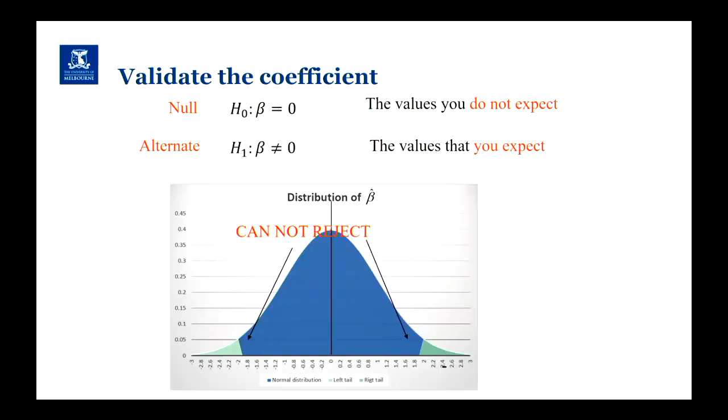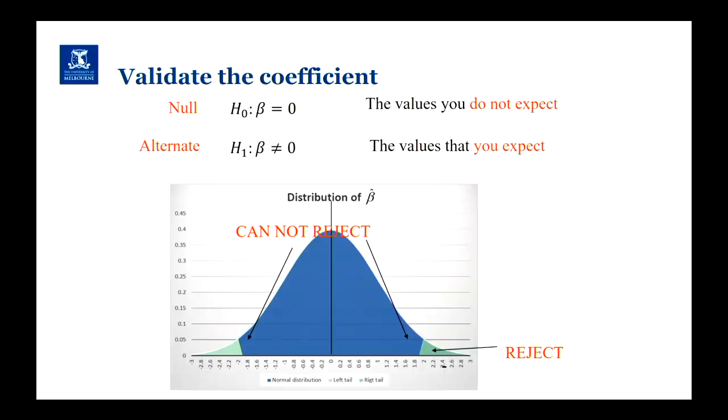If the t-value is distributed in the blue area, we cannot reject the null hypothesis. So here is 0, and normally it's 0, but you can also specify the value you expect.